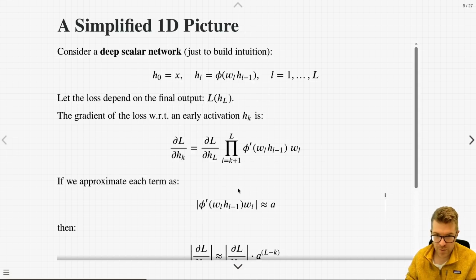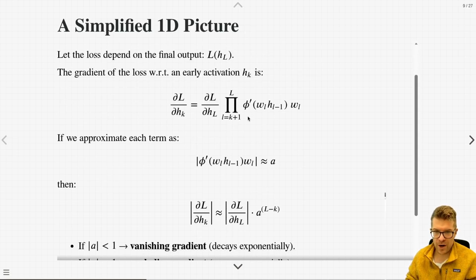So we've seen this before, but now we have a nonlinear function phi, thank goodness. If we approximate the overall scale of the derivative of the activation function given the pre-activation, times the weight W sub L, this is approximately, again, something scalar. We saw the same logic in the previous module.